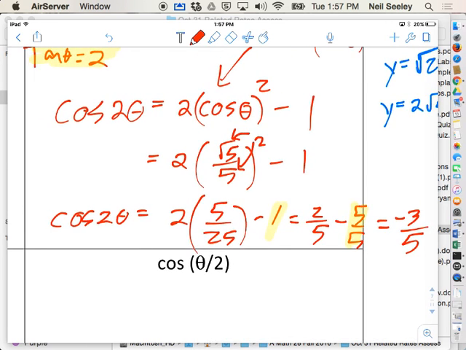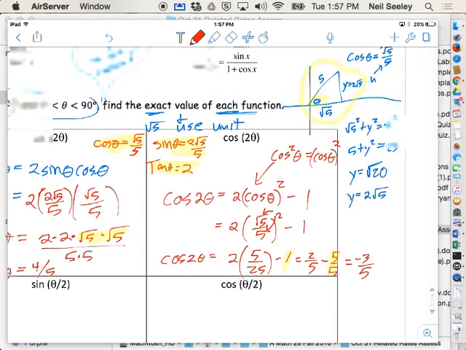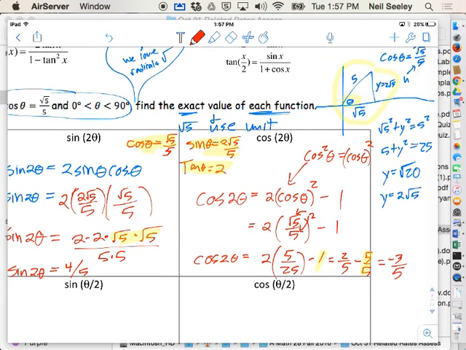So what's the deal with that? Like, what would that mean in the context of this? This actually has some sense. If theta is like 63, wouldn't 2 theta be like 120-ish something? We just found out that if I go to 2 theta, the cosine there would be negative 3/5.